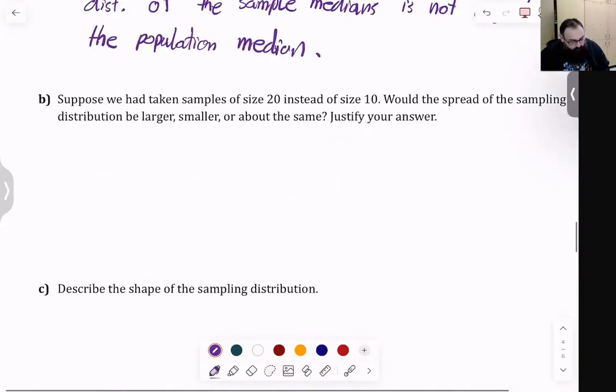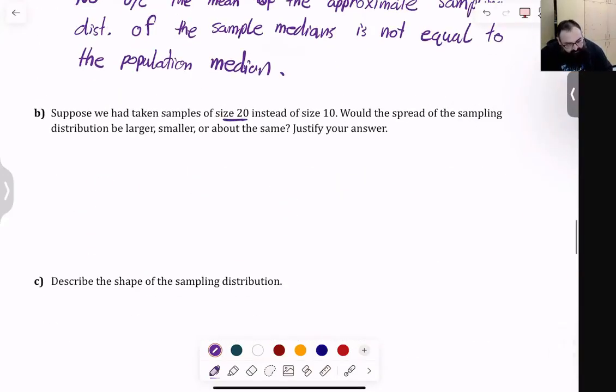So, going back to this question, suppose we'd taken samples of size 20 instead of size 10, what would happen to the spread? Would it get more spread out, less spread out, or stay the same?